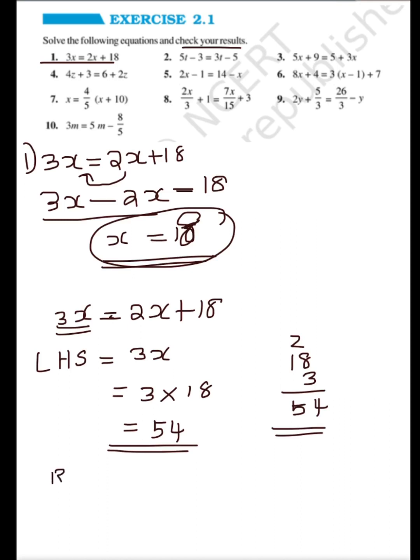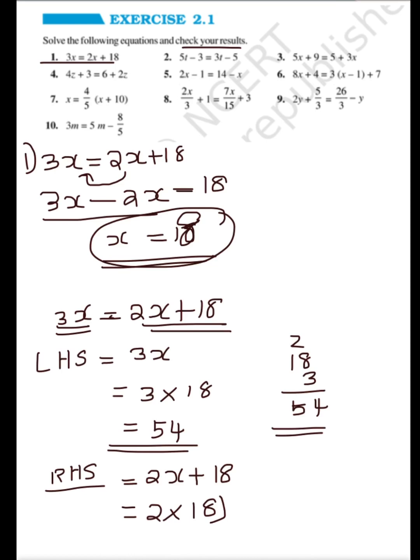Now let's check RHS. What is RHS? RHS is 2x plus 18. Now what is 2 into x, where x is 18? 2 into 18 plus 18. What is 2 into 18? It's 36. 36 plus 18.